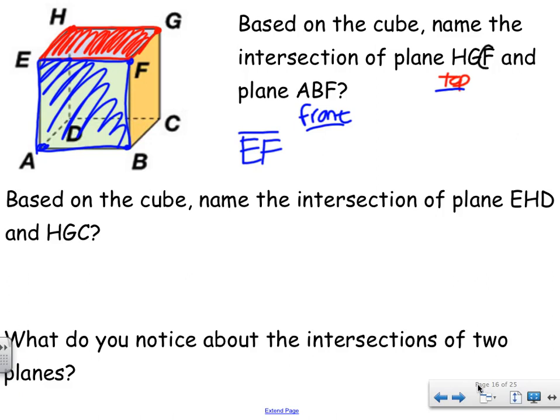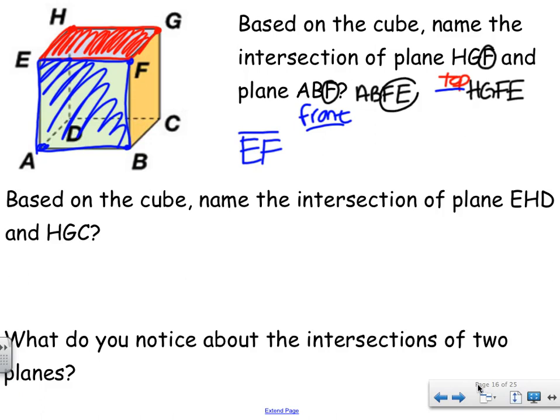For example, I can see F is repeating, but I don't have any other repeating letters, so I know F is a part of it. So the fourth point in HGF would be E. So it's HGFE. The fourth point in ABF is E. So it's ABFE.